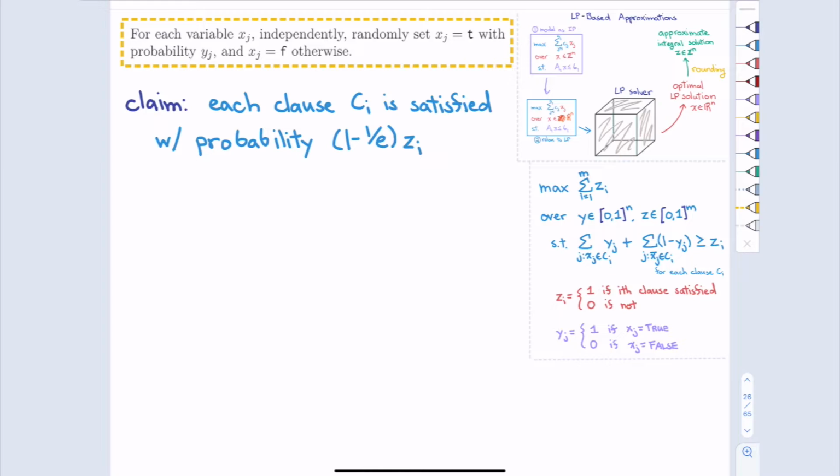We'll just focus on some particular clause Ci. It could have been the first clause. We're claiming that every clause is satisfied with probability 1 minus 1 over e times the value assigned to it by the LP. Zi was whatever the LP said.